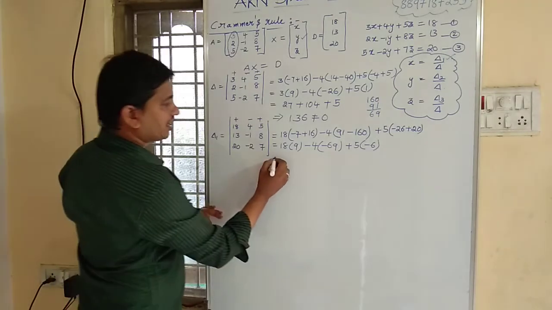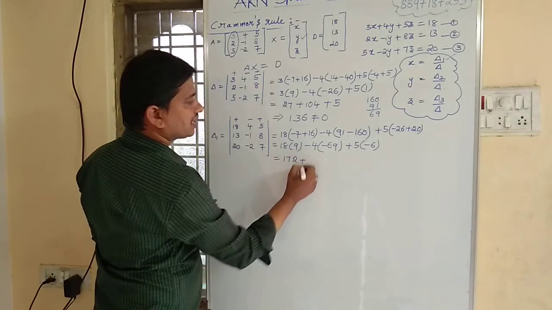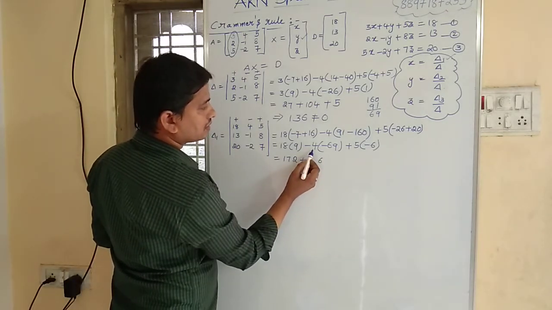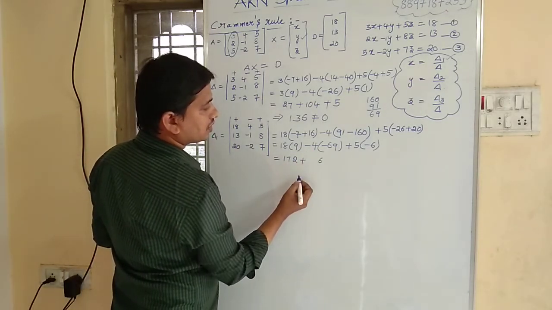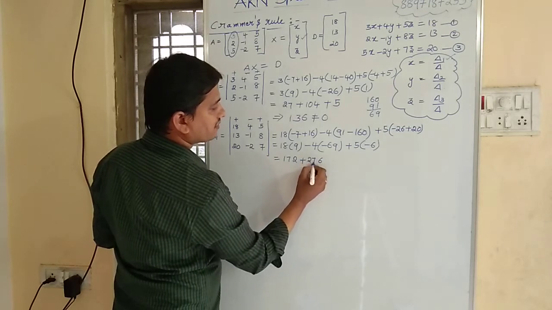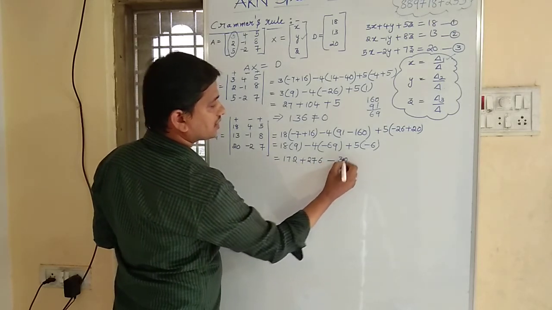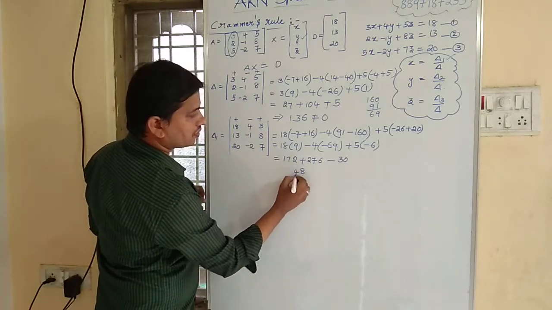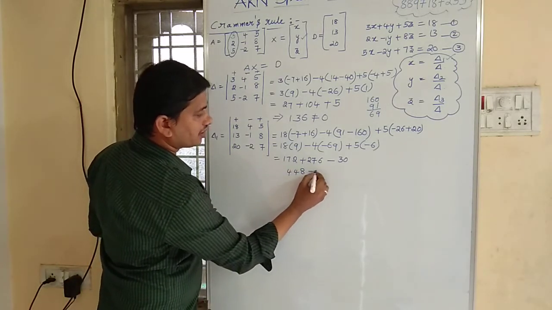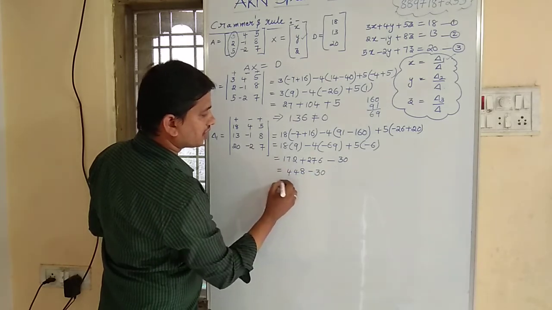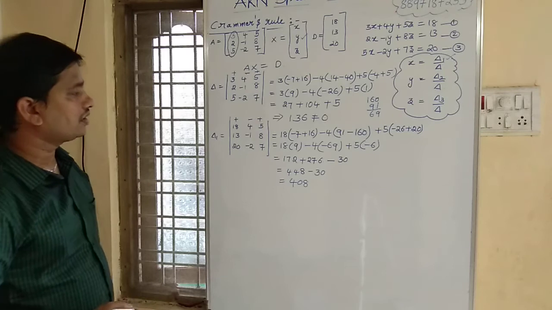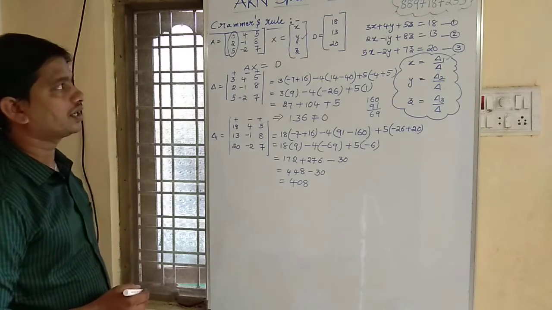Okay, so 18 9 is 172, minus into minus plus 4 9 is 36, 4 6 is 24 plus 3 27, minus 5 6 is 30, 6 plus 2 8 14 4 48 minus 30, that is equal to how much, children? 408. So what is delta 1? Delta 1 value is 408.